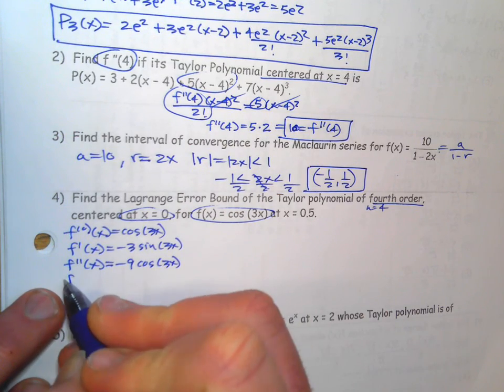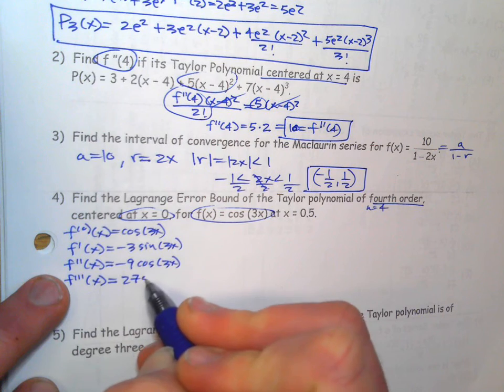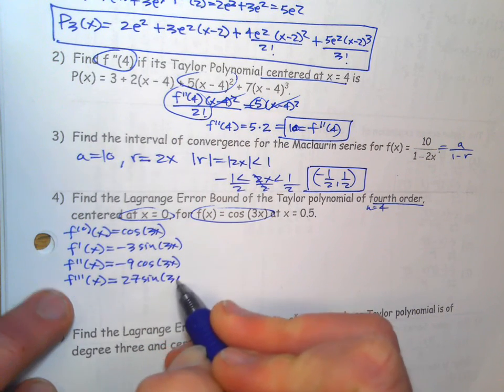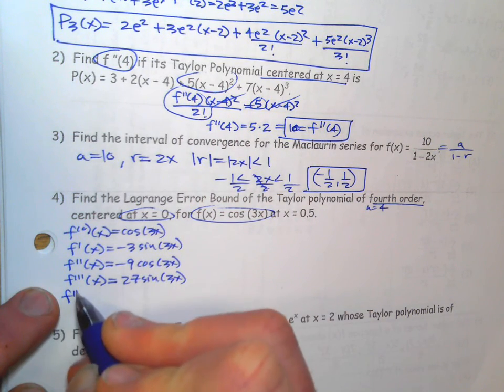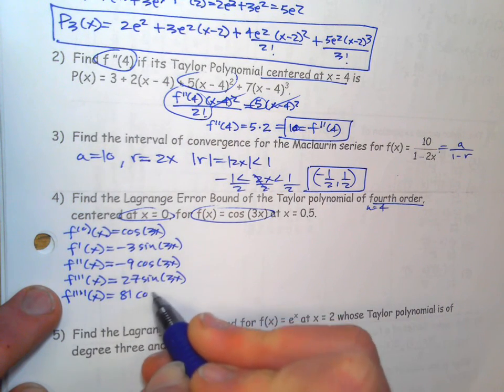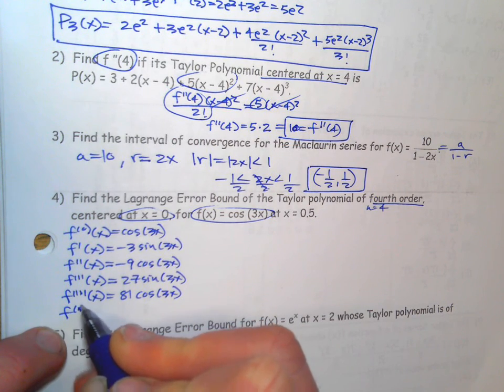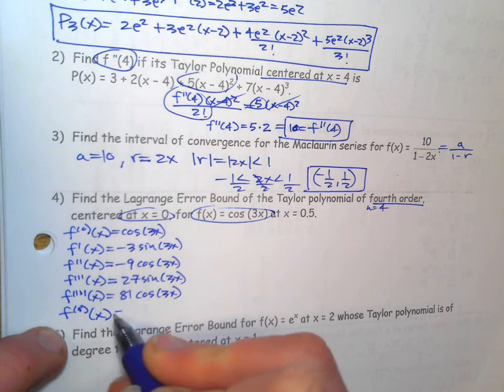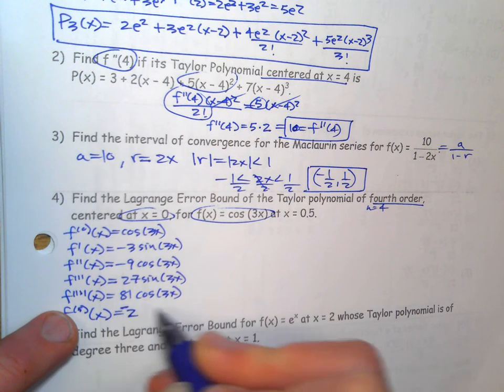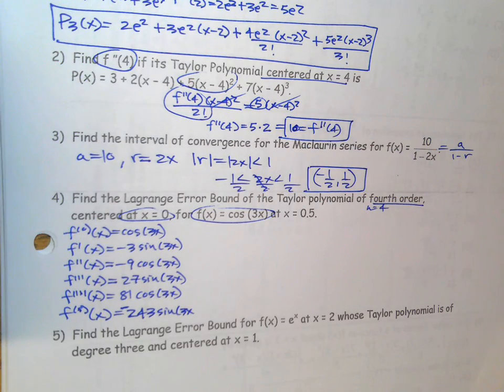The third derivative is +27 sine of 3x. The fourth derivative is 81 cosine of 3x. And the fifth derivative, which is what we need, is -243 sine of 3x.